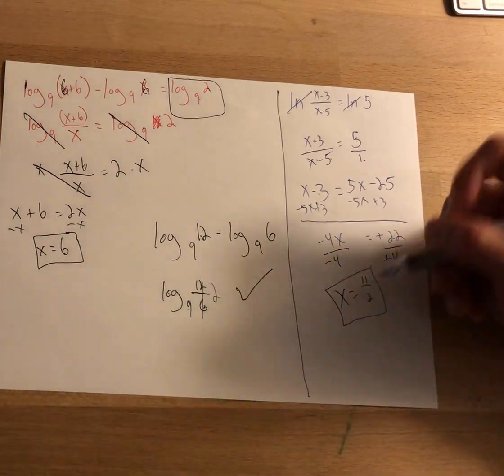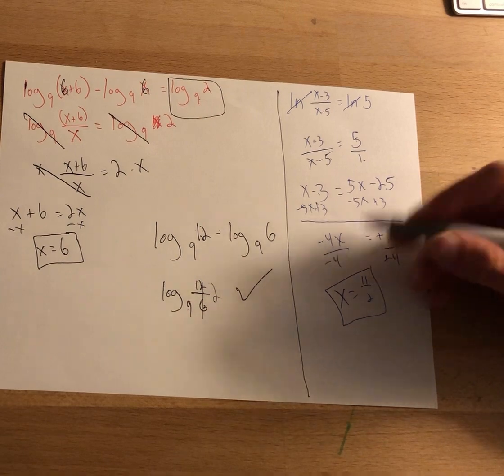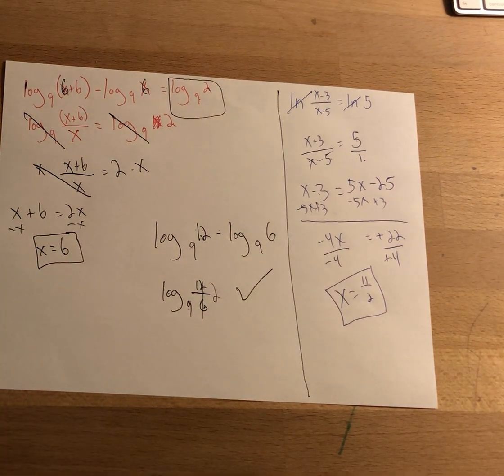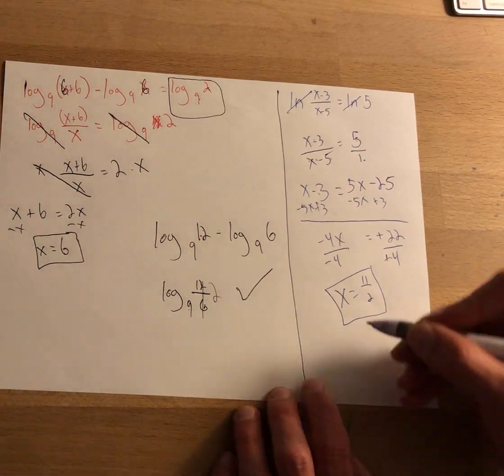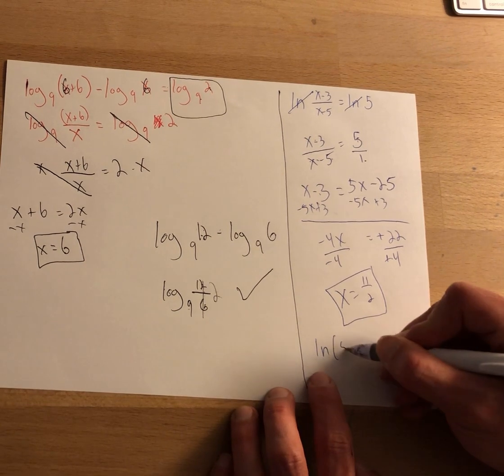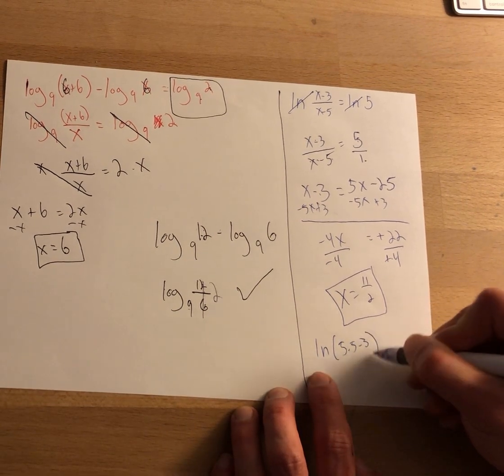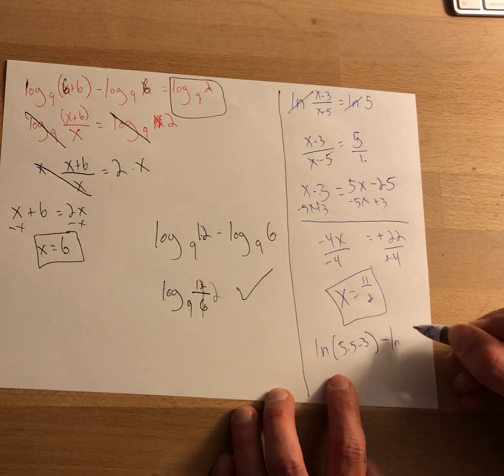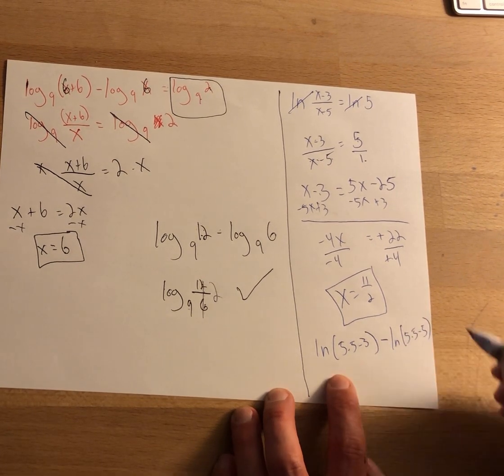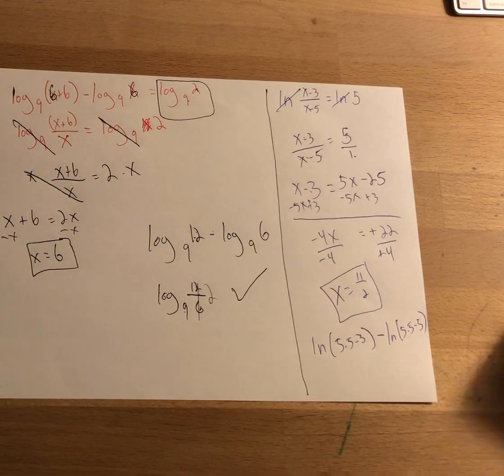Now let's try it, see if it works. Let's plug 5.5 into the original equation. So I'm going to say natural log of 5.5 minus 3 minus natural log of 5.5 minus 5. Let's see if I get natural log of 5 as an answer.